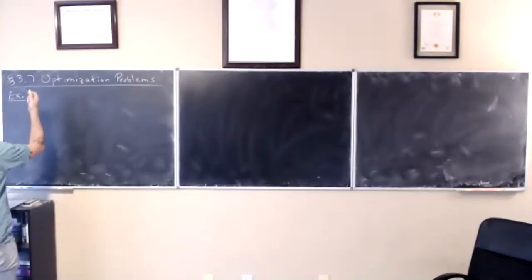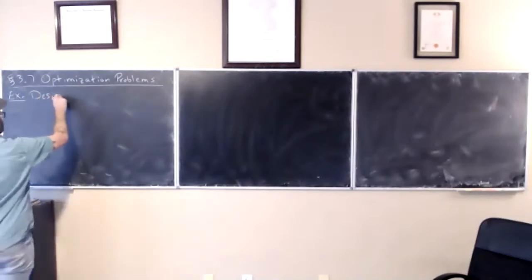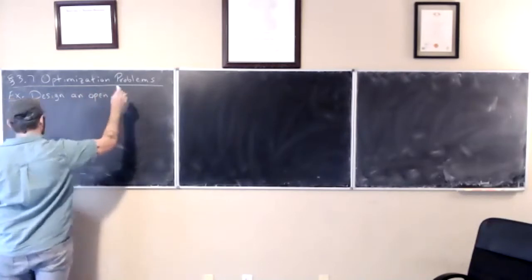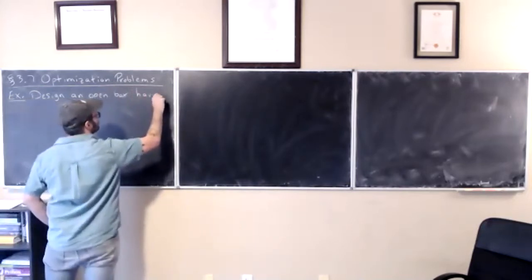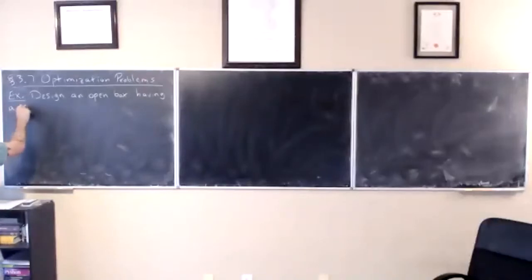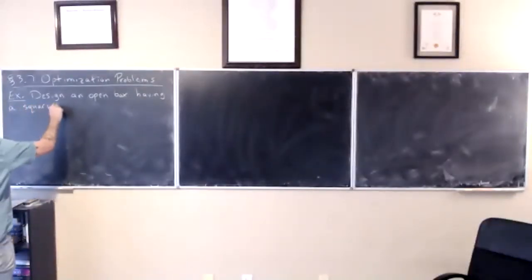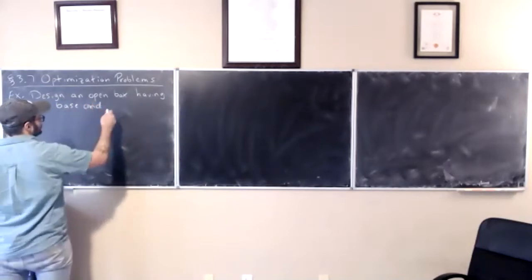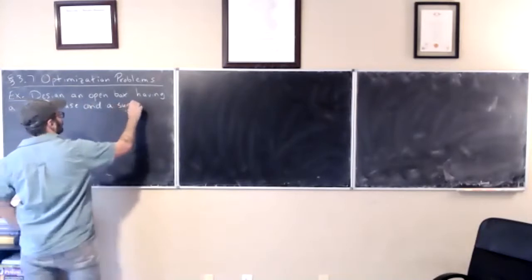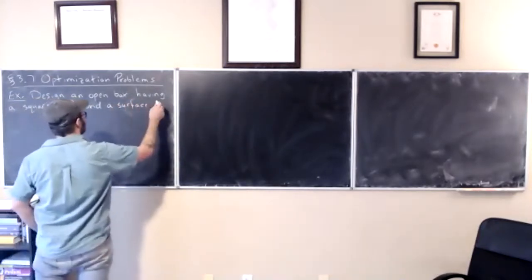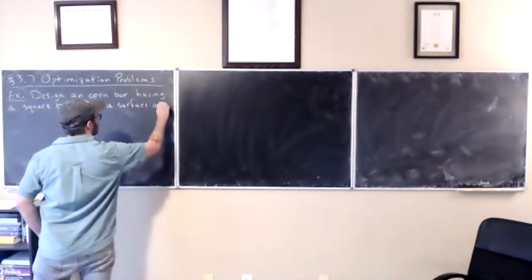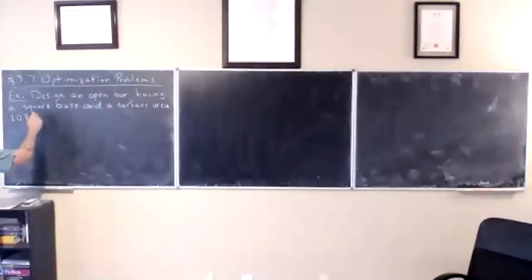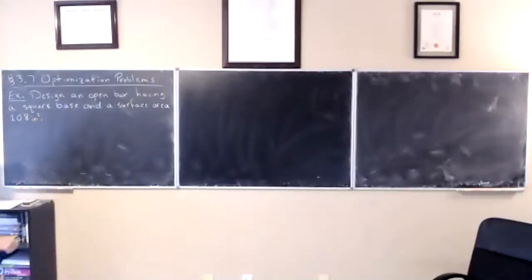Suppose the problem is, say, we want to design an open box having a square base, and we're limited to a surface area for our box of, say, 108 inches squared, or 108 square inches.